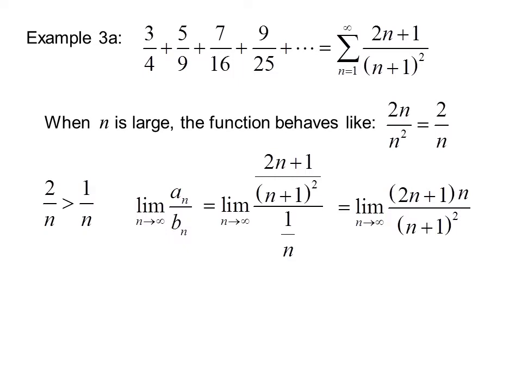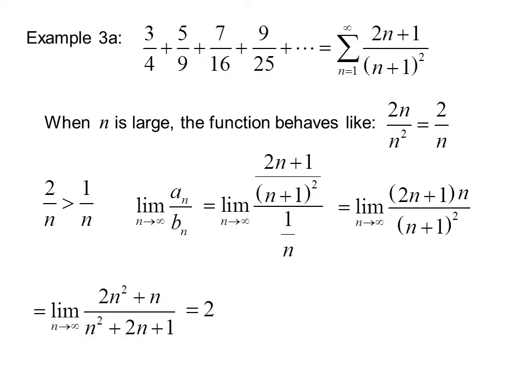we get the limit as n goes to infinity of 2n plus 1 times n over n plus 1 squared, which is the limit as n goes to infinity of 2n squared plus n over n squared plus 2n plus 1, which equals 2.